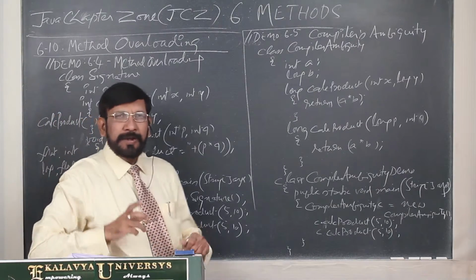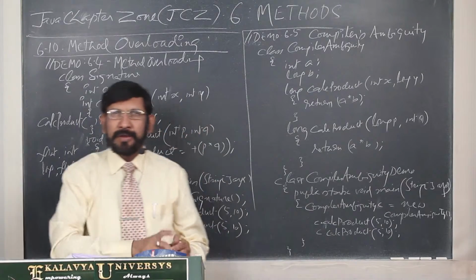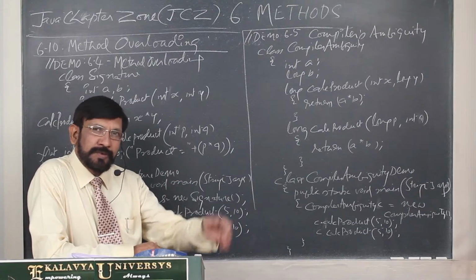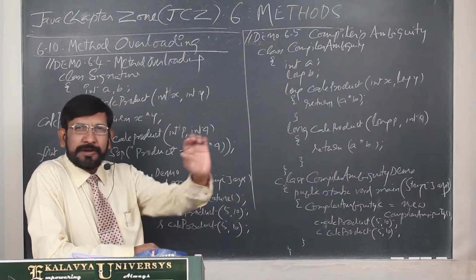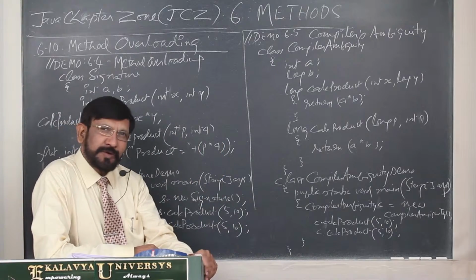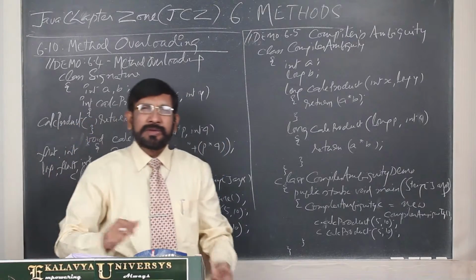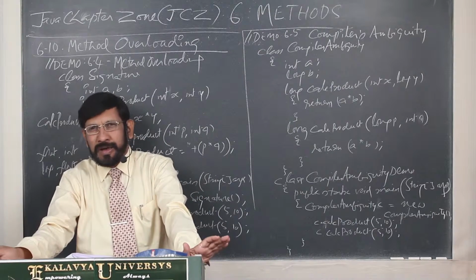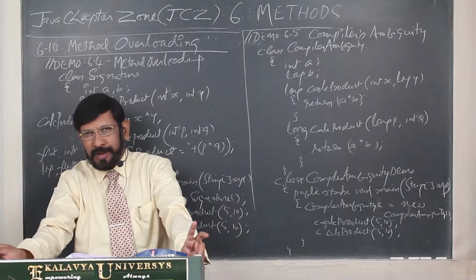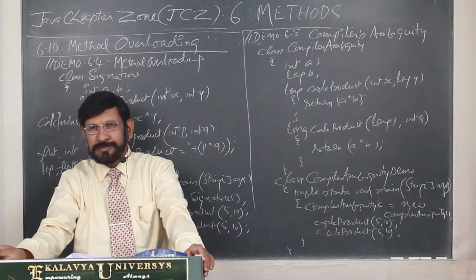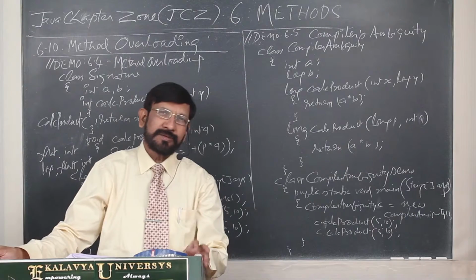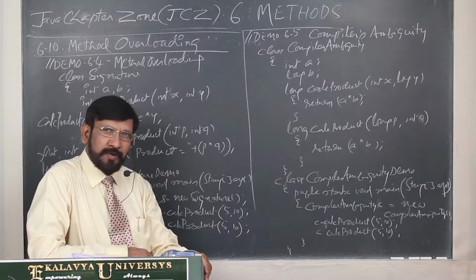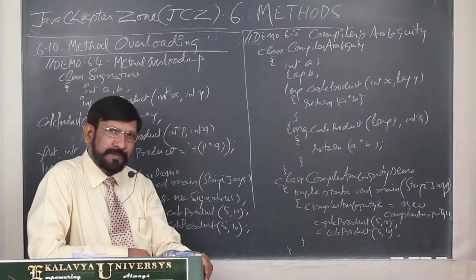Depending on the requirement of the program, you may give different sets of arguments. That means you have to make different method definitions. Now the core part is what name to give. All the 3 methods are doing the same job, calculating product. Obviously, you must give the name calculateProduct, or any similar name.